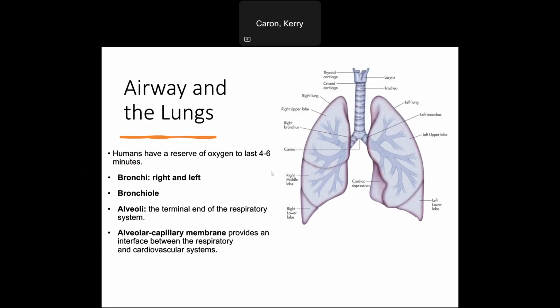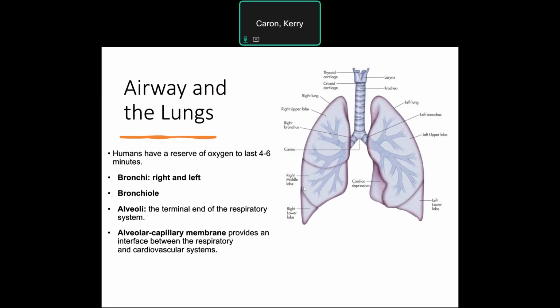Here are the airways and the lungs. So humans have about a 4 to 6 minute oxygen reserve. From the trachea, we have the right and left bronchi. From there, we have bronchioles. And from there, we have terminal ends called the alveoli.